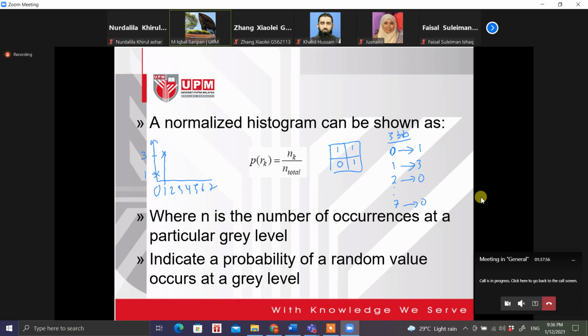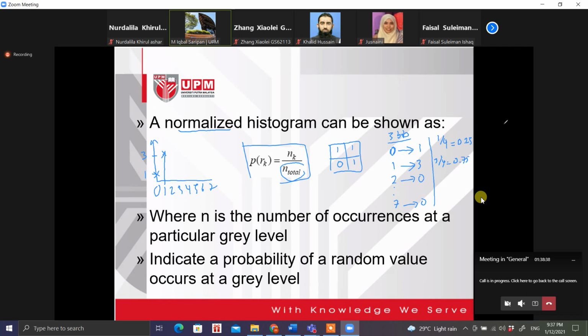Now, if we want to use a normalized histogram, you need to divide by the total number of pixels. 0 appears 1 time, so 1 over 4, which is equivalent to 0.25. And for value 1, which is dark gray, it appears 3 times, so 3 over 4, which is equivalent to 0.75.